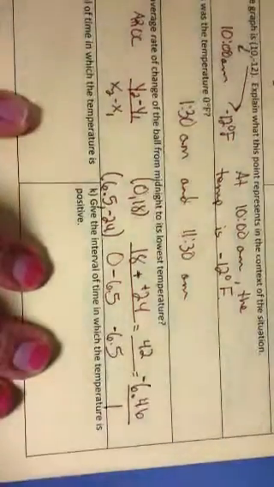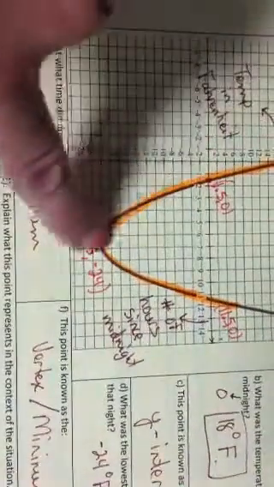All right, usually it does not say it here, but on the test, it will say, what does this mean in context of the situation? So again, these are all y's, which represent the temperature in Fahrenheit. And the x is the number of hours since midnight. So what's happening from midnight to here is the temperature is dropping.